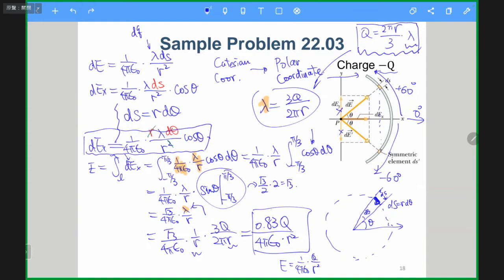Of course, it has an additional factor 0.83 here because it is not a complete circle, a complete ring. So it has some factor in the front. But actually the dimensions are the same. Okay, so any questions?